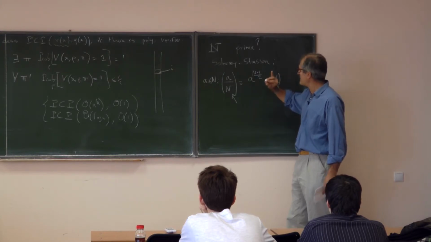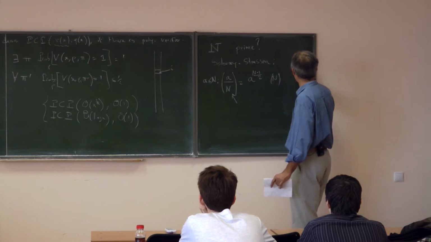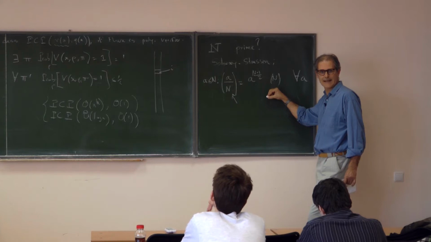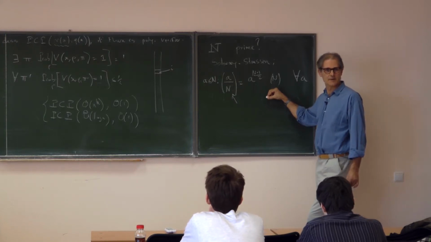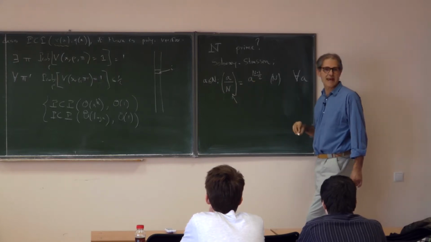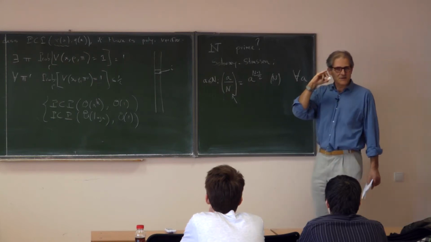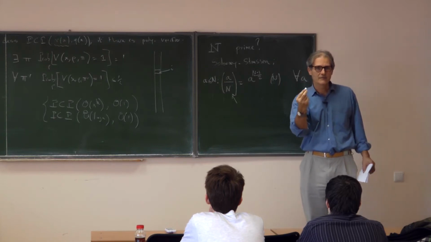And the question is, is this equal to that? Now, if N is a prime number, then it is true that you have this equality for all a. And if you are not prime, if you are a composite number, then for more than half of the a's, it is false. So in other words, you have a witness a with probability 1/2.